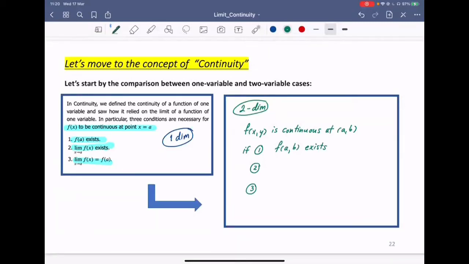You just extend it into two dimensions. And then number two, the limit of f(x,y) as (x,y) goes to (a,b) exists. You see that? You need to compute the limit as well, because you need number two, that the limit exists. And then number three, if number one and number two equal to each other, then you say the function is continuous.